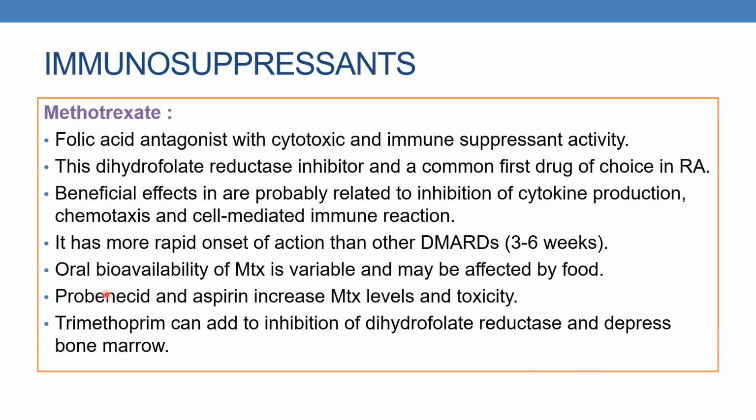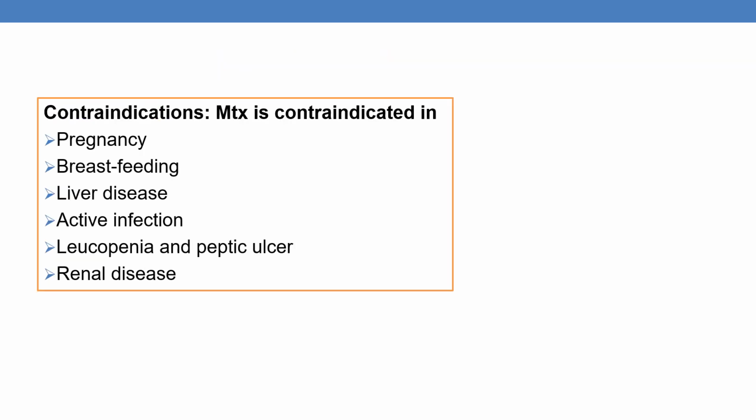So you should be careful during this therapy because it has various drug interactions. Coming to contraindications, methotrexate is contraindicated in pregnancy, breastfeeding, liver disease, active infection, leukopenia, peptic ulcer, and renal disease.